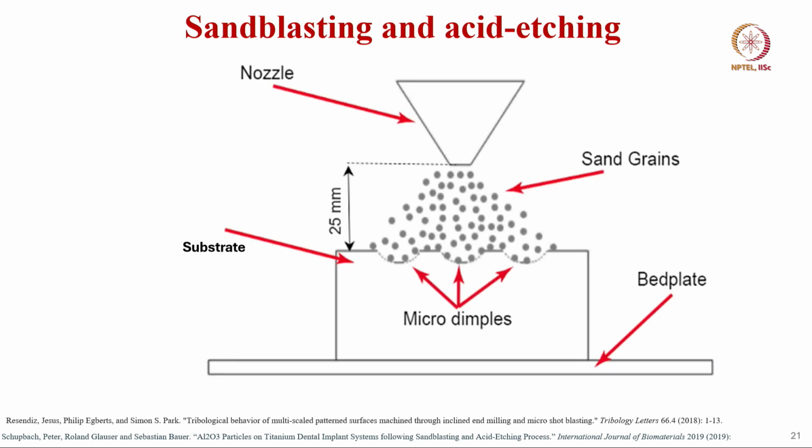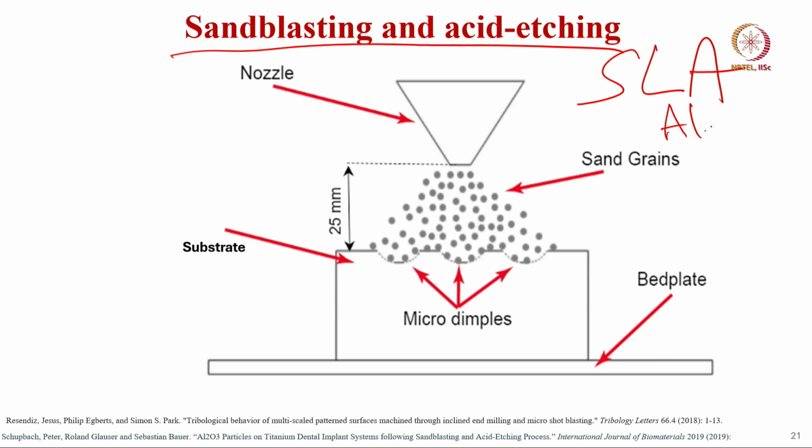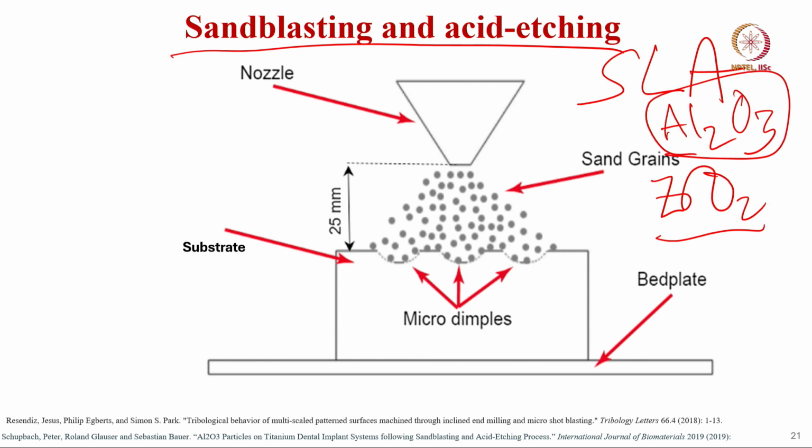So, what are the mechanisms? Since sandblasting acid etching, the SLA technique I have mentioned before, has been most widely used, I would like to substantiate this particular technique a little bit more. So, you have sand grains, and you can alternatively use alumina or zirconia. Mostly people use alumina particles because they are much harder than zirconia.